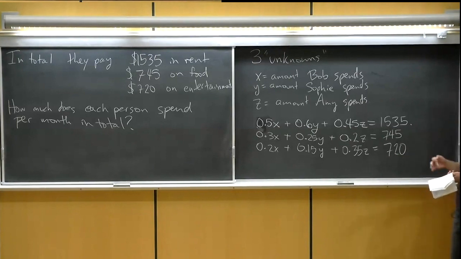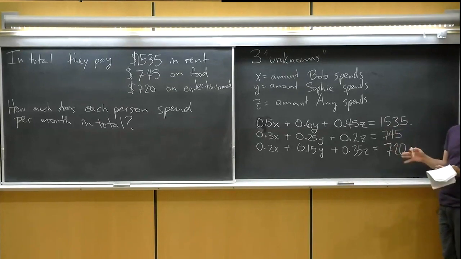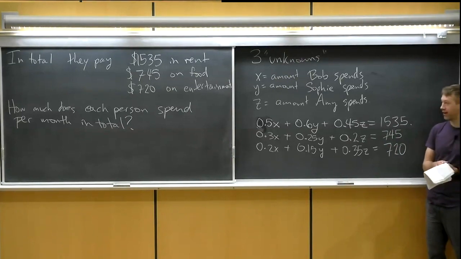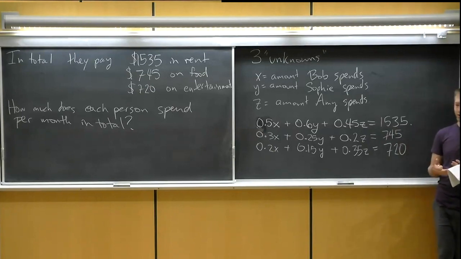Okay, so this is a system of three equations with three variables. You could solve this using Gaussian or Gauss-Jordan elimination. That's one way you could do it. But since recently we've been talking about inverses, I want to solve this using inverses of matrices.